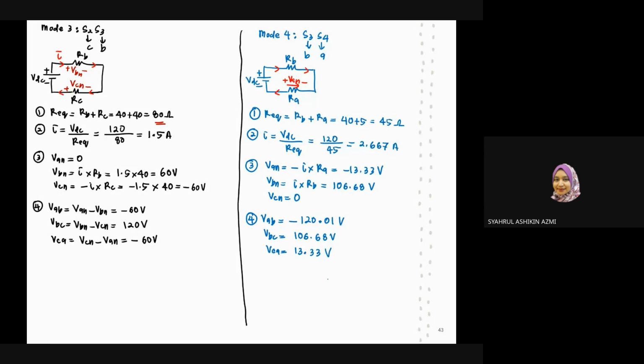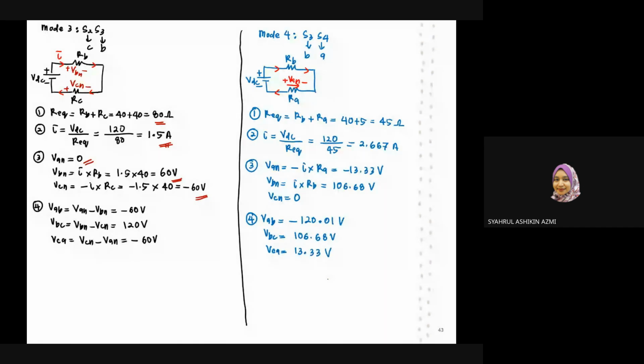Since the values of RB and RC are the same, which is 40 ohm, you get 80 ohm for the R equivalent. The current will be equal to 1.5 ampere, 120 divided by 80. VAN will be equal to 0, VBN is 60 volt, and VCN is negative 60 volt.